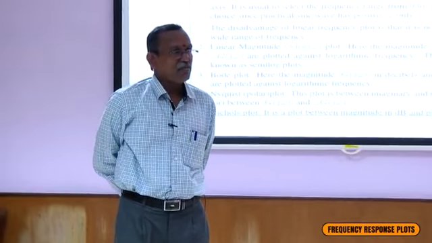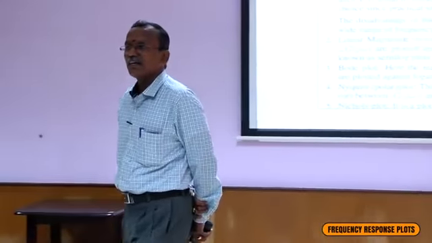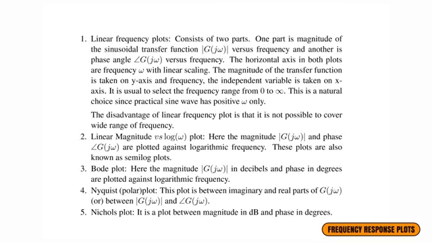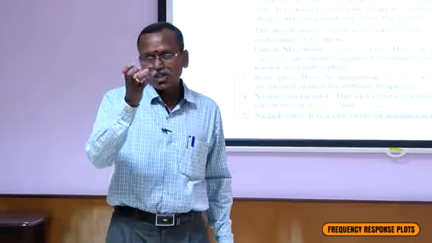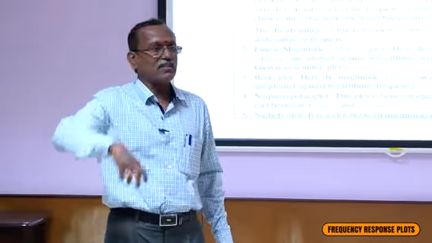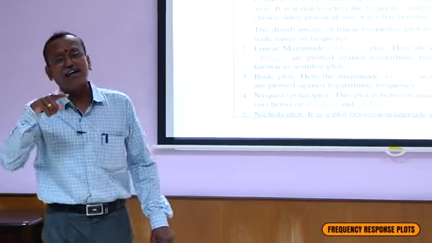If you draw the frequency response in polar coordinates, then it is called a Nyquist plot or polar plot. Next, the Nichols plot. You will have a chart called the Nichols chart. In that, if you draw the frequency response, then it is called a Nichols plot. What the Nichols chart and Nichols plot are, we will see at the end of this session.